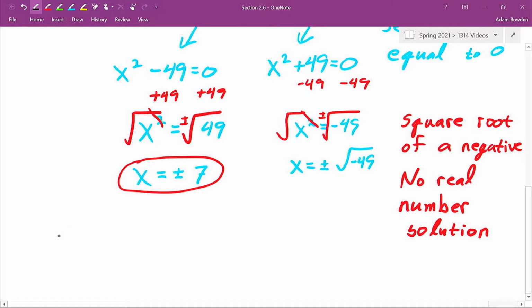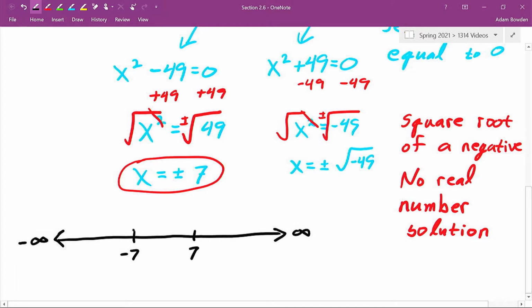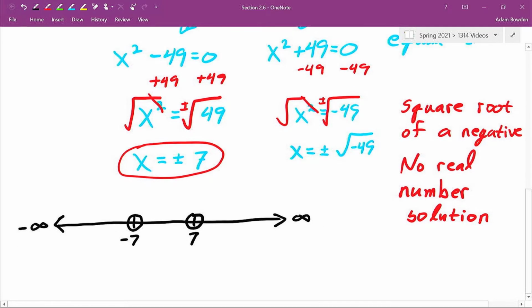As far as the domain is concerned, every number except for negative 7 and positive 7 will be part of the domain. I'm going to mark them off here on the number line. I'm going to put an open circle at those two numbers, and then show how the domain will be all the other numbers except for those two.